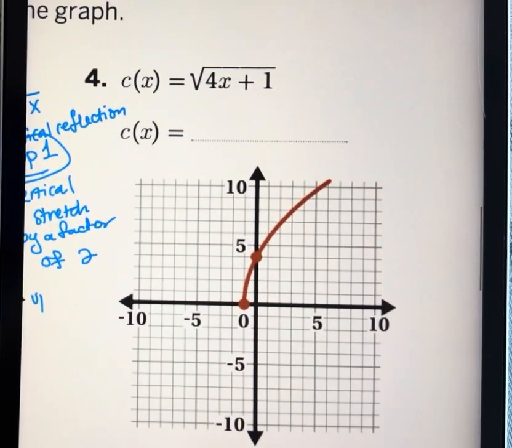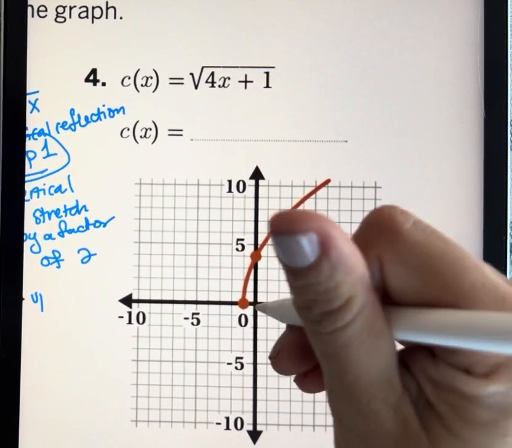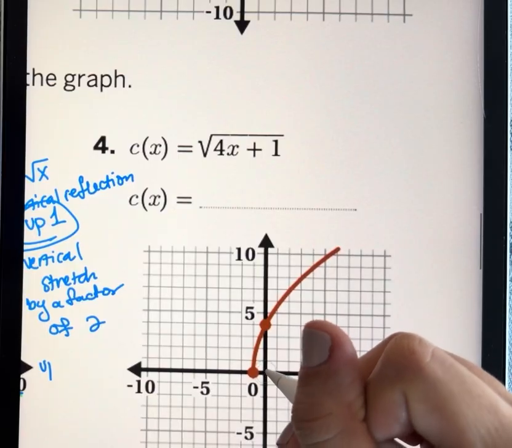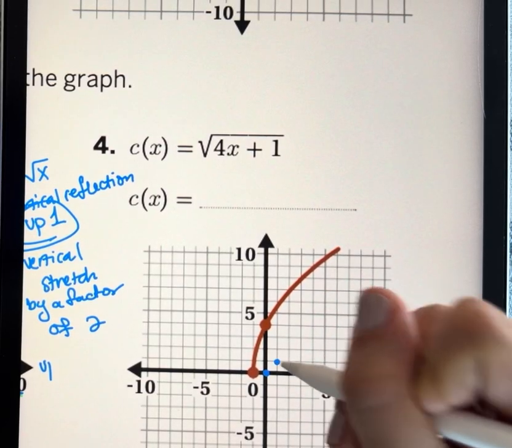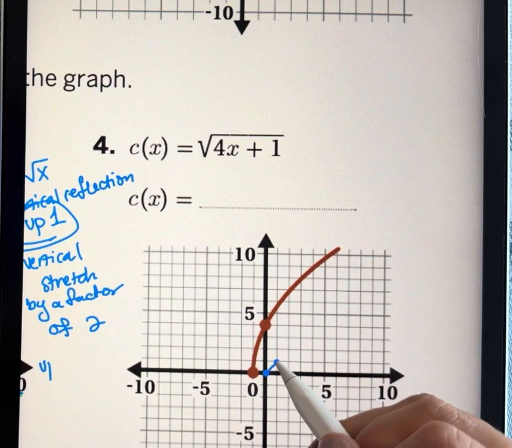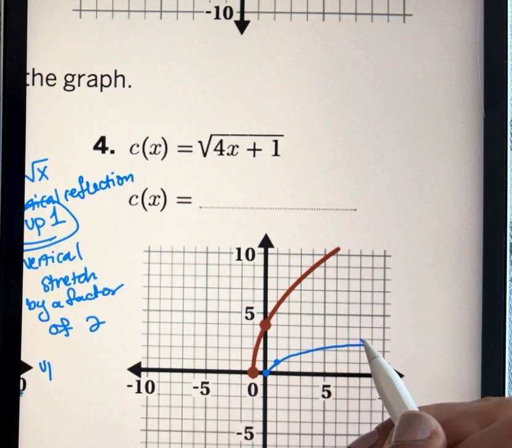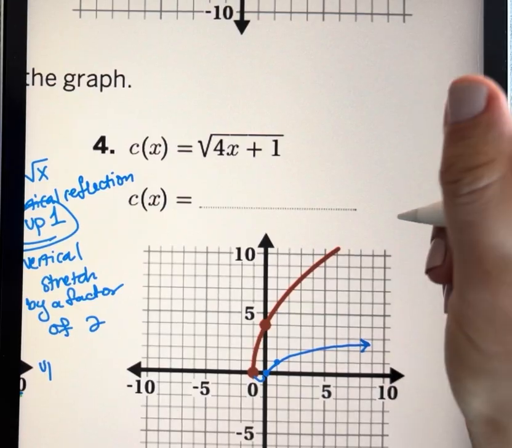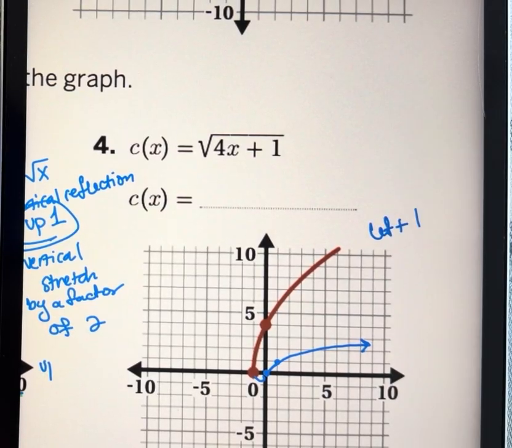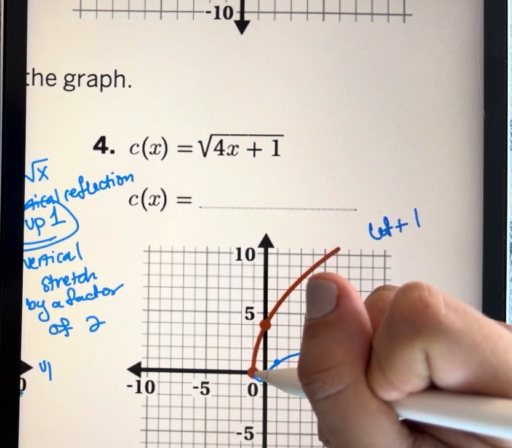Okay, let's keep going. Let's take a look. This one, originally, would have been at 0, 0, and then up 1 over 1, and it would have this shape, right? This one has the same orientation still, so no reflections. It has moved left 1, but it is for sure stretched, okay?